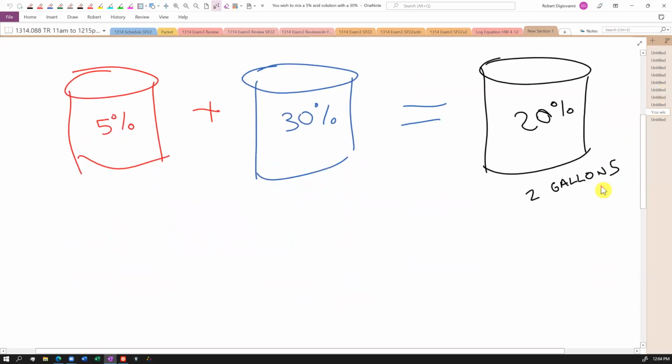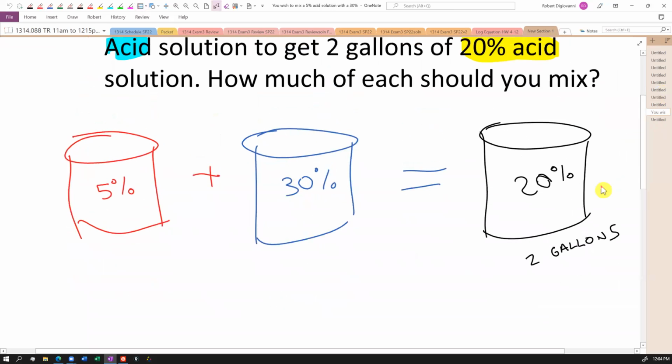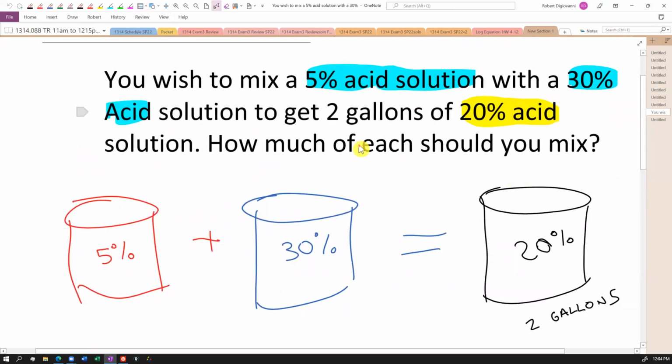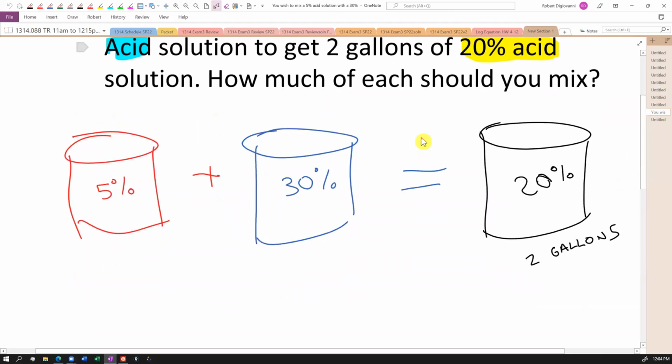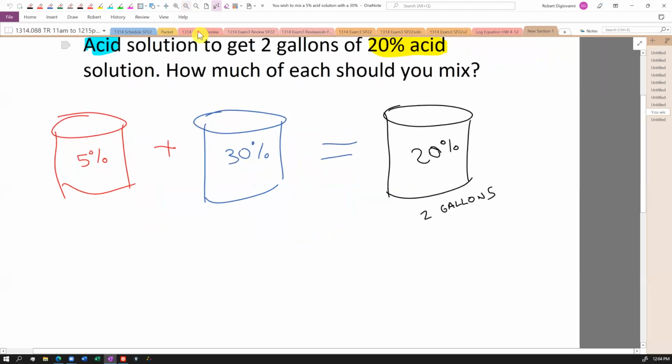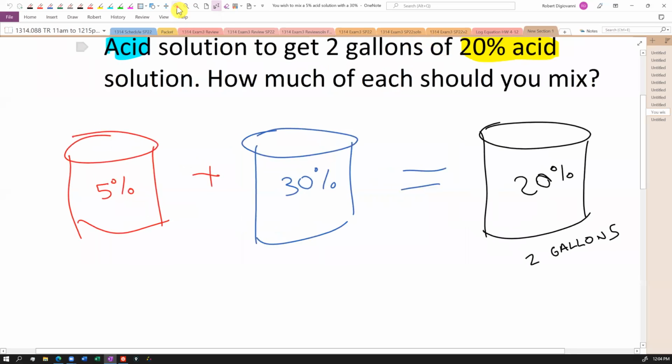So we want to know how much of each we should mix together, right? So let's assign variables here.